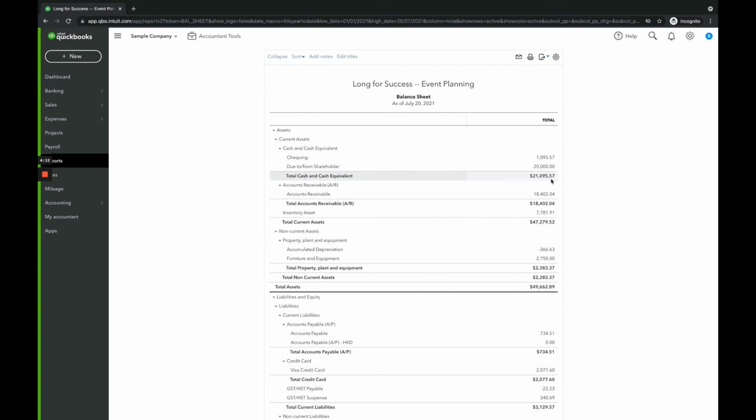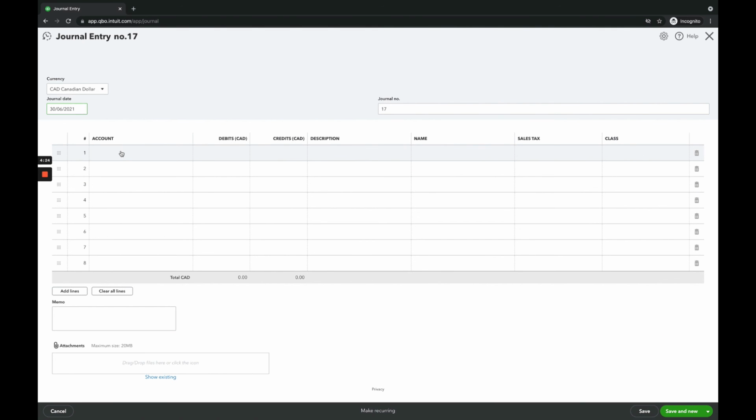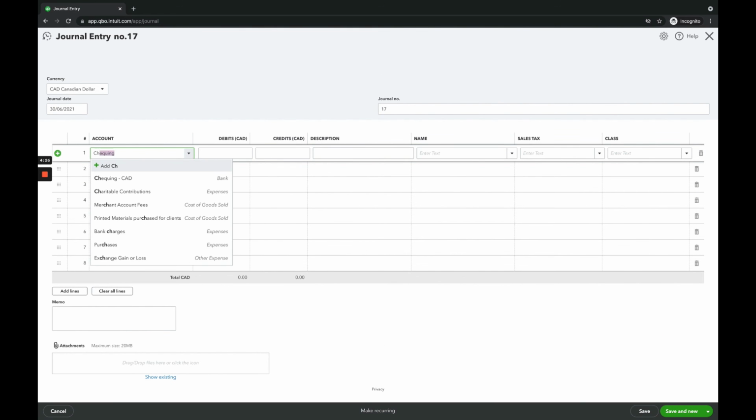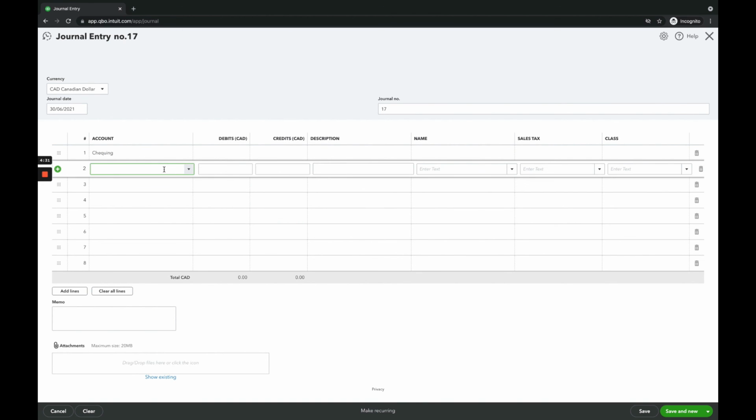Now, let's say you've paid off the $20,000 and you decide to give your business $60,000, right? So we're just going to do this as a journal entry really quickly. You put $60,000 into the checking account.